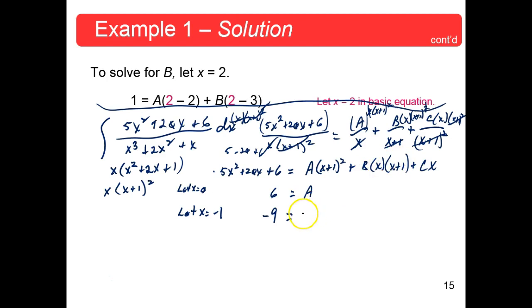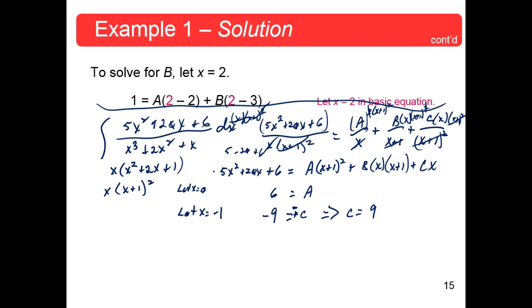And this would be C times minus C, that'd be a minus C. So C is equal to 9. We got 2 of the 3 already.